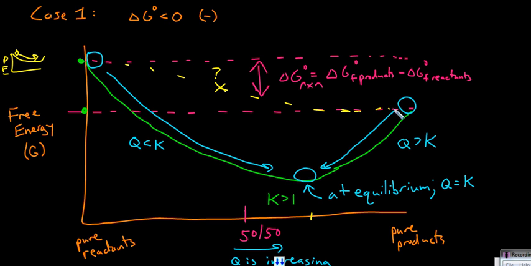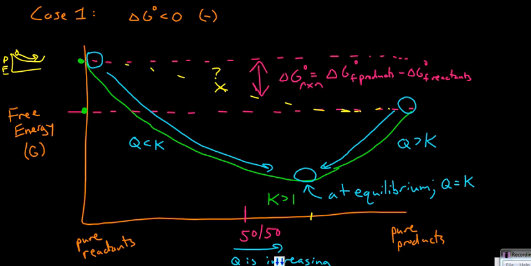Overall, this reaction, as proceeding to equilibrium, decreased the free energy of the entire system. And so that is spontaneous in either direction, at least to some extent. It spontaneously goes to the right, or it spontaneously goes to the left towards that equilibrium.